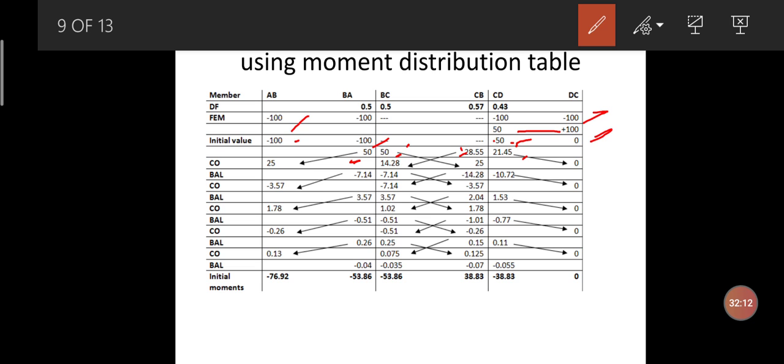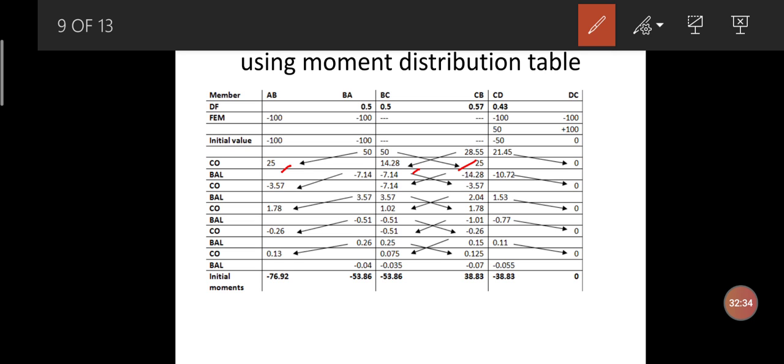Then the next step is I need to carry over these moments. Half the moment I need to carry over with the same sign convention. So 50 divided by 2 is 25. Similarly from CB to BC it is 14.28, and from BC to CB it is 25.